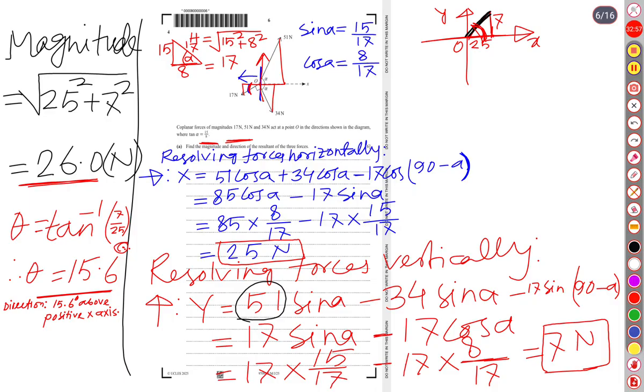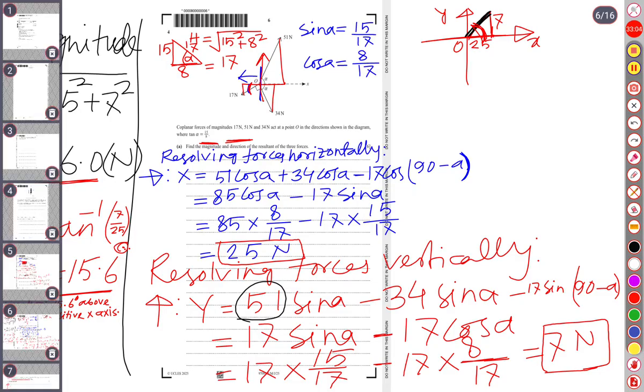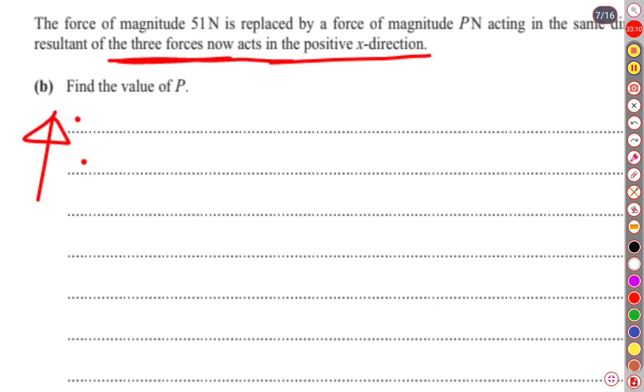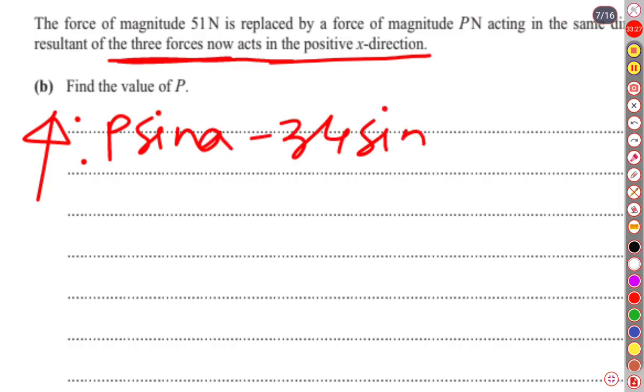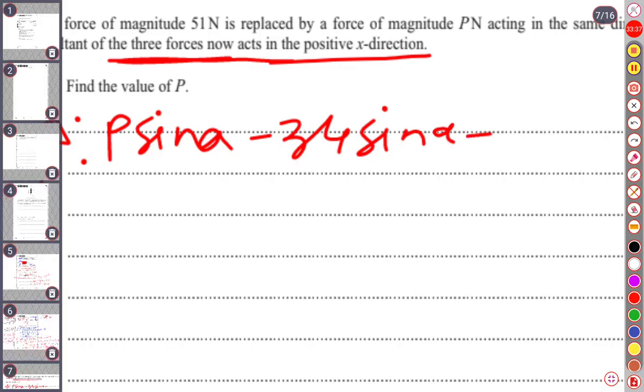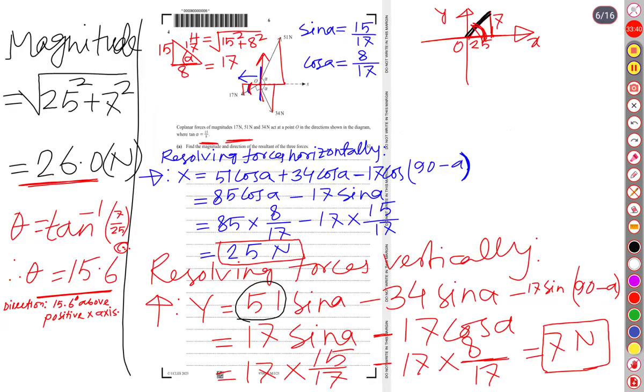So in the y direction: P sine alpha minus 34 sine alpha, and the rest of the part remains unchanged except 51, which has been replaced by P sine alpha. Then minus 17 sine (90 minus alpha).